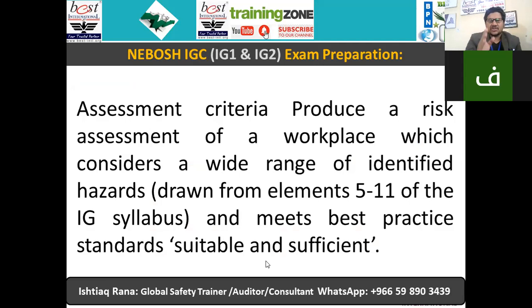So again, straightforward criteria: make sure your assessment is suitable and sufficient. Whatever you are writing there, suggesting some sort of controls or evaluating the hazard and who might be harmed, you are making it time bound by putting comprehensive additional controls, and also writing who is responsible to complete that in the right pattern, in line with your project scope for risk assessment.